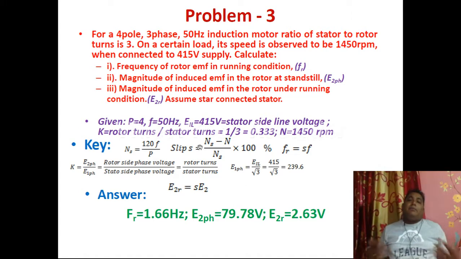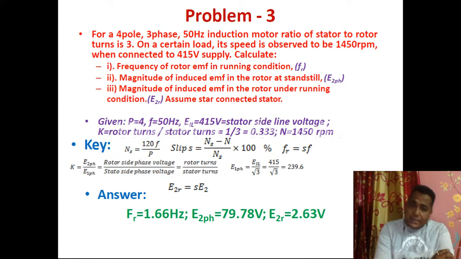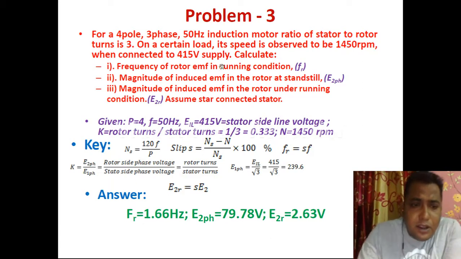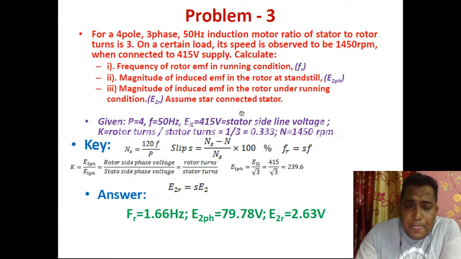In any problem, if the speed is given, we definitely have to understand that value is the rotor speed. So always this speed is given, never Ns is given, and Ns we always have to calculate. So first thing we have to find out is the frequency of the rotor.